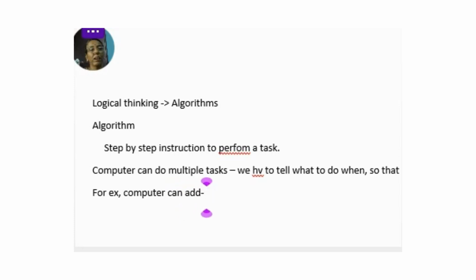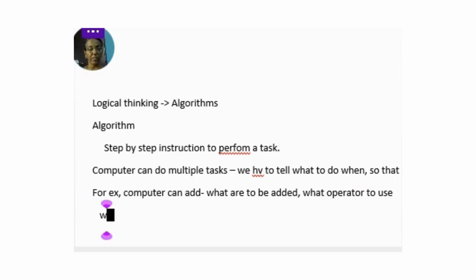It knows the arithmetic operation, but we have to tell the computer what are the numbers to be added, what operator to use, and where the output has to be displayed.